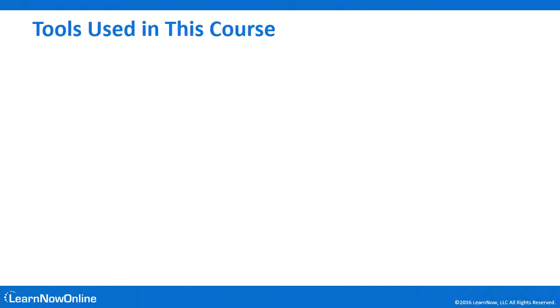Now, before we get started, I do want to briefly mention the tools that I'm going to be using in the course. Now, the main thing I'm going to be using is the .NET Core version 1.01 of the SDK. So this is the .NET Core SDK on which everything else is built. Now, there may be a later version available when you're viewing this course, but all of the principles that I talk about here should apply because these are actually the released bits, and Microsoft is big into not breaking backward compatibility.